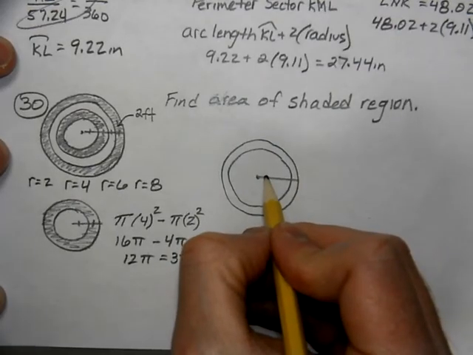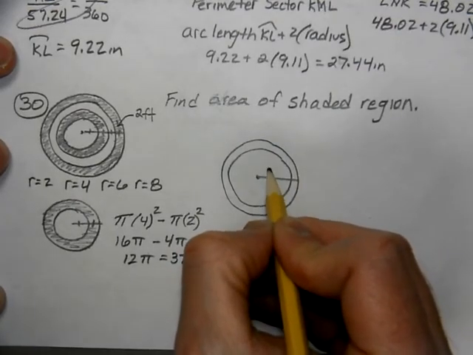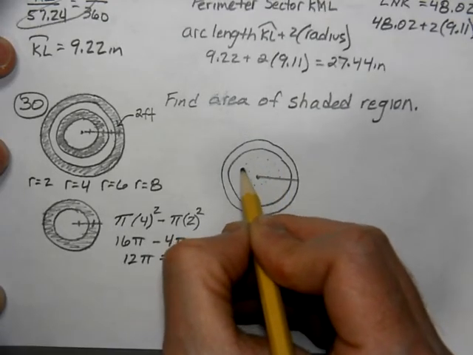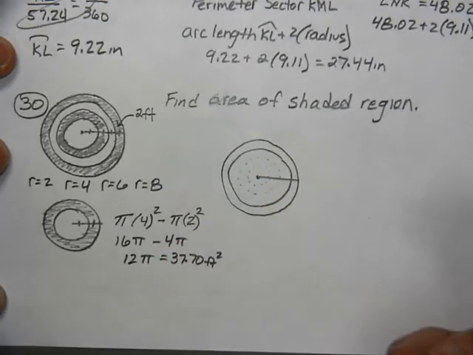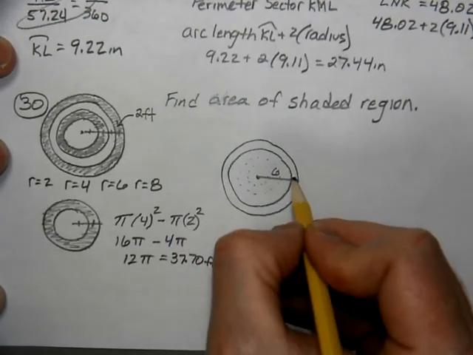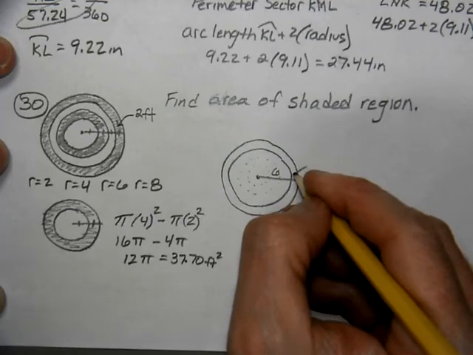We would have had one circle here, and another circle around it. So this has a radius of 6, and this has a radius of 2 more.